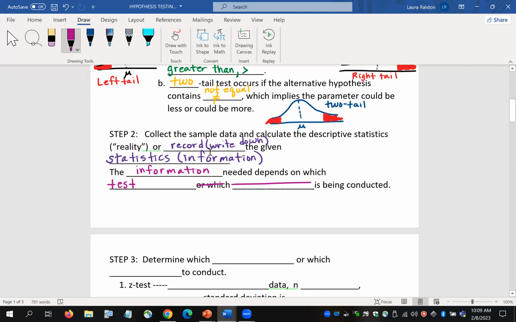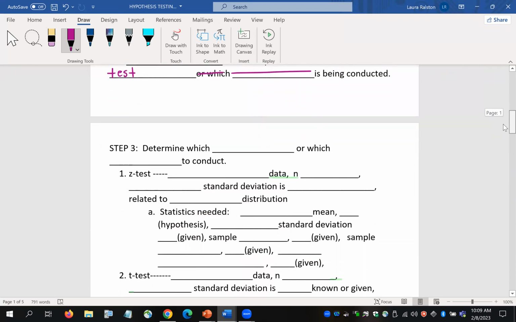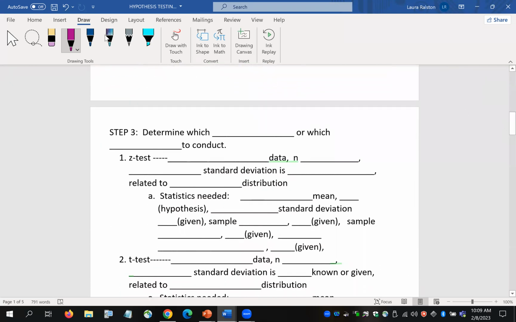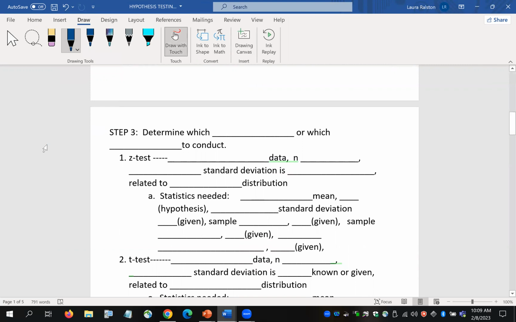So step 3 is we gather all of the information that we need to work the problem. And that's given in the scenario. Once we've gathered that information based on reading the problem, we need to determine which test to conduct.